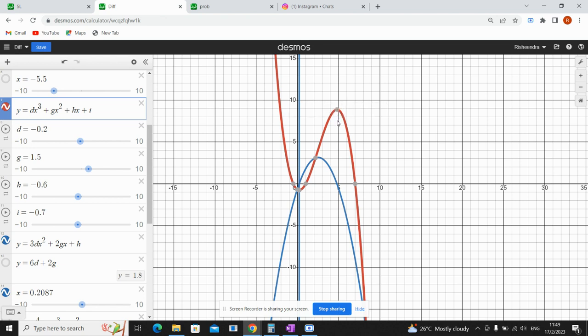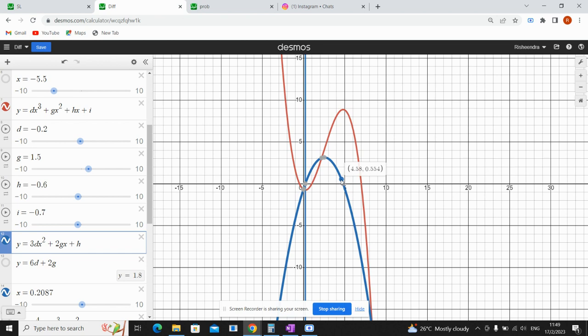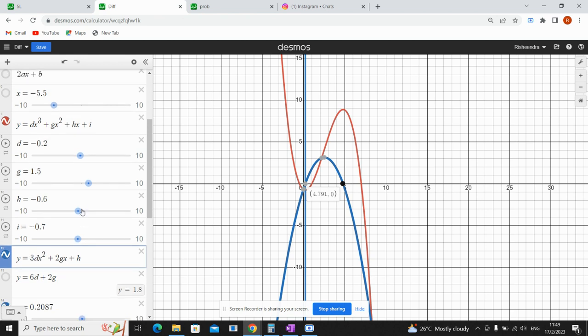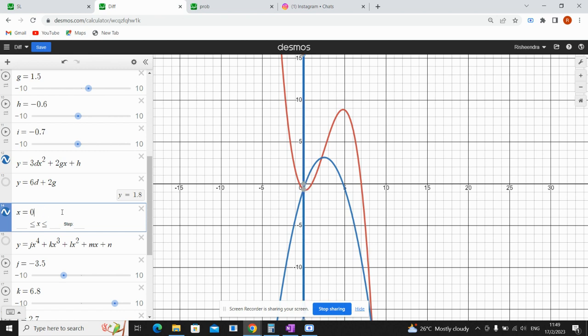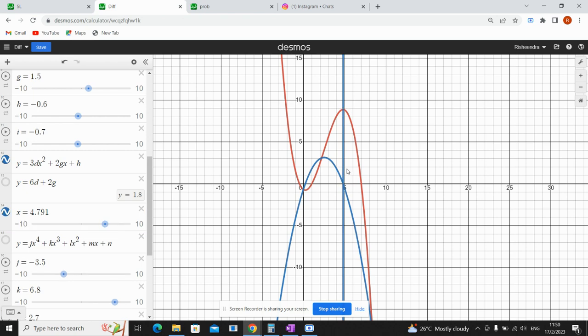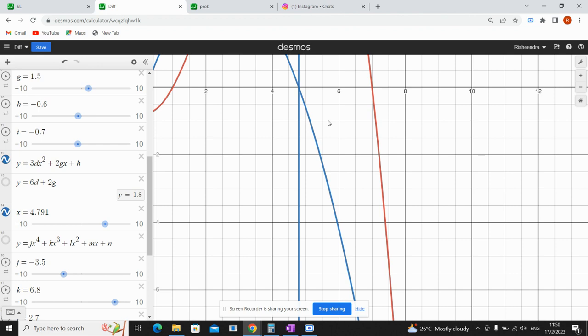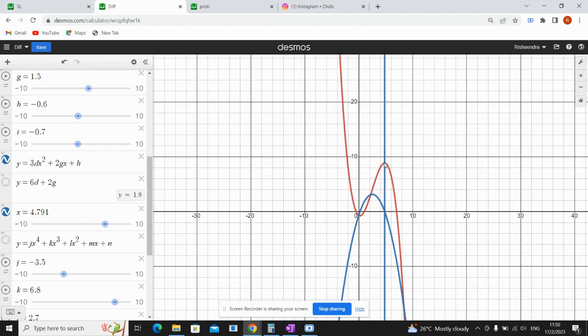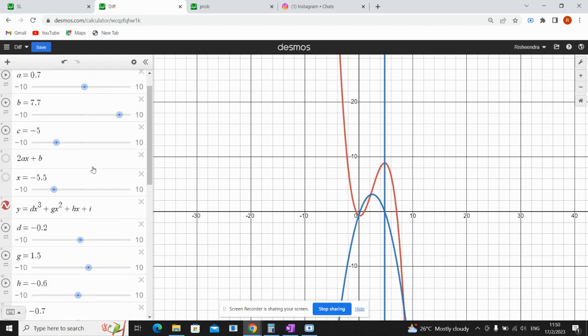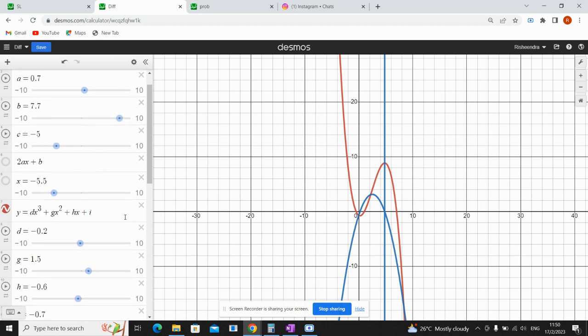With the slope 0, let's find the solution for this parabola at 0, 4.791. Look at the straight line here, which means by finding the roots for this parabola, we can find where the curve has its turns. Same goes for the parabola and the cubic equation.